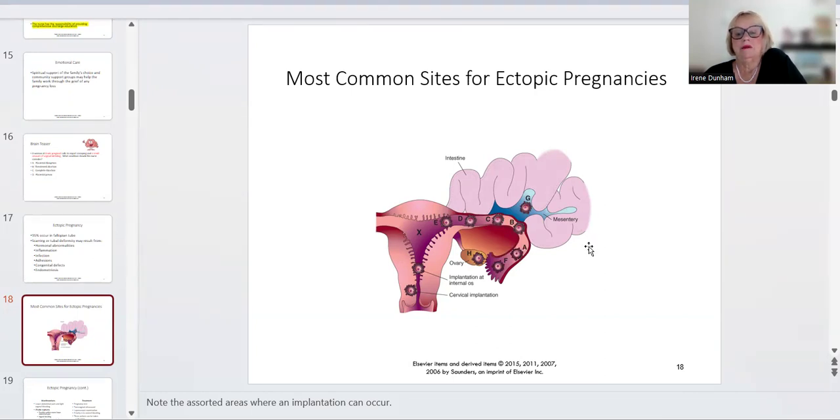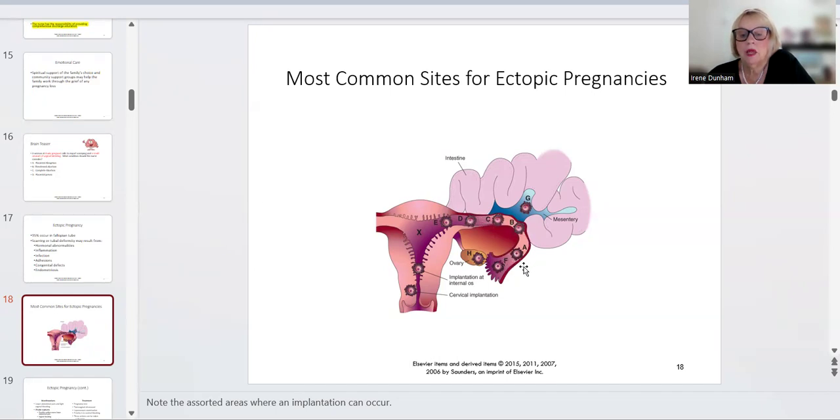Now, say, on the other hand, she didn't call you, and all of a sudden she goes to the ER because now she's in a lot of pain, and they find out that she did have an ectopic, but it's ruptured. That means the tube has dehisced, has opened up, and so she has to have surgery, a laparotomy, and they're going to remove this tube.